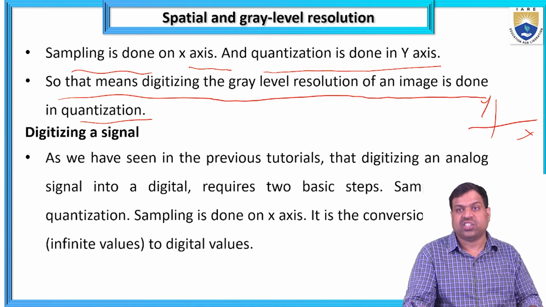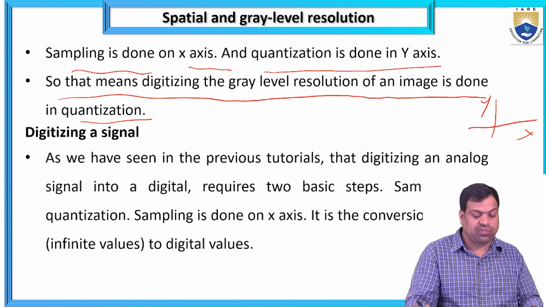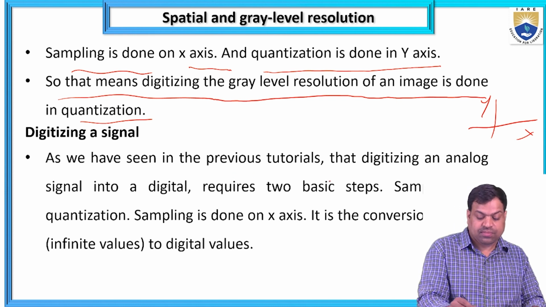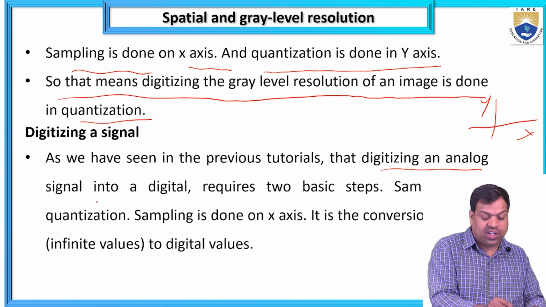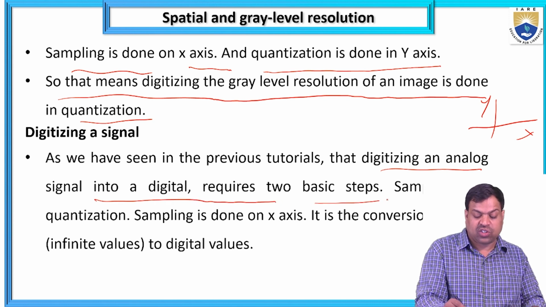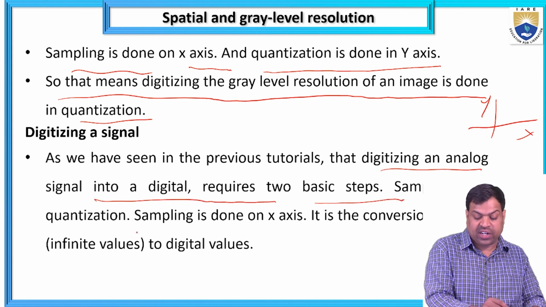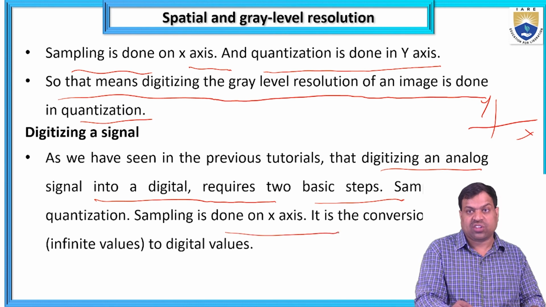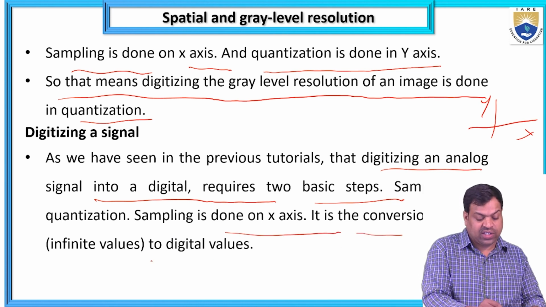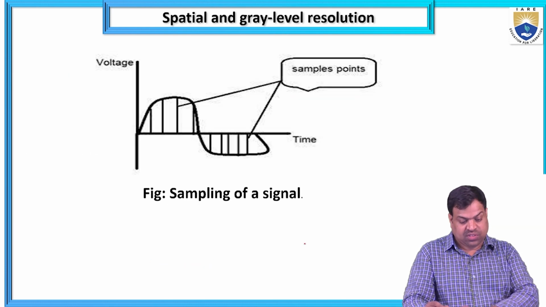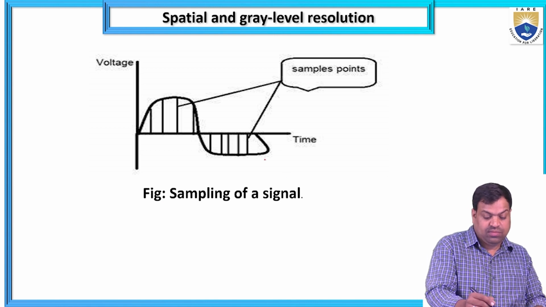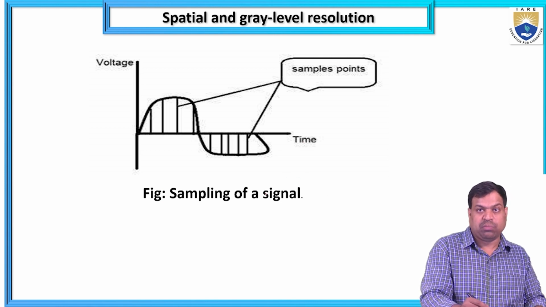For the digitization of an analog signal into a digital one, we require two basic steps, sampling and quantization. Sampling is done on the x-axis and the y-axis is quantization. Here is one example, sampling of a signal.